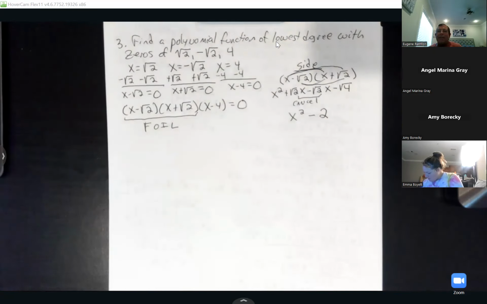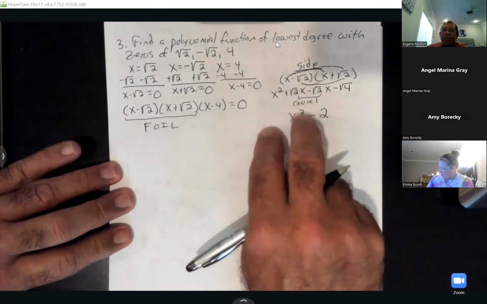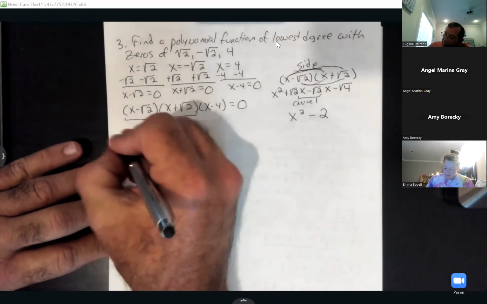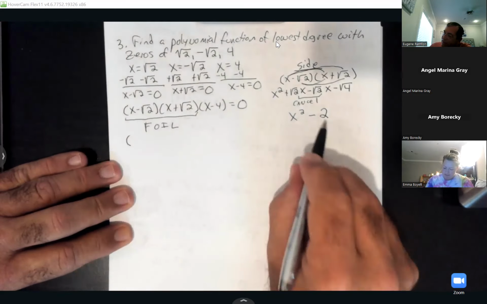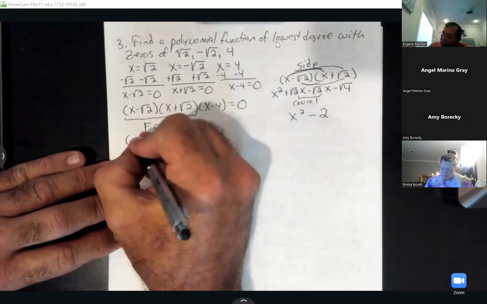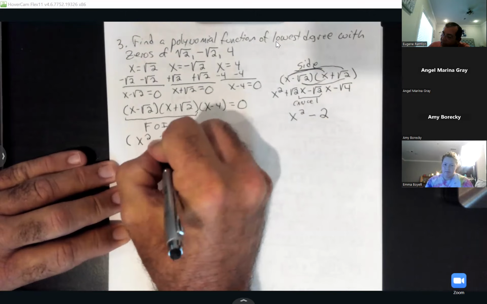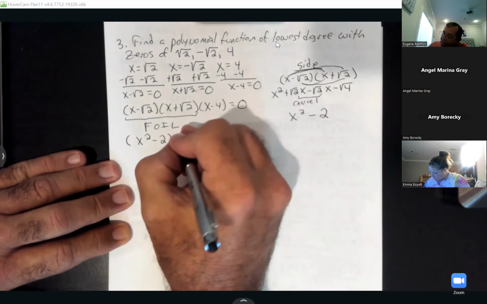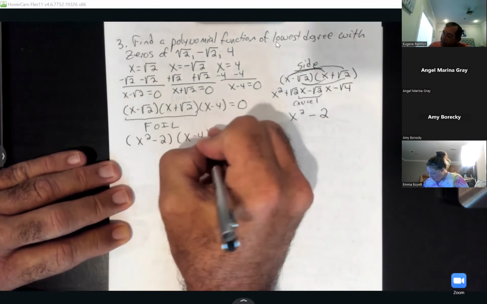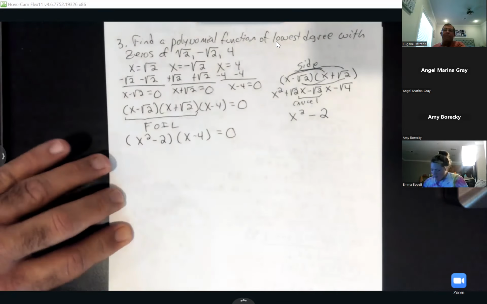And there you go. That comes out as an x squared minus 2. But notice, the radicals are gone. So y'all, the first half of this gave us our x squared minus 2. We still got that x minus 4 at the end, and all this equal to 0.